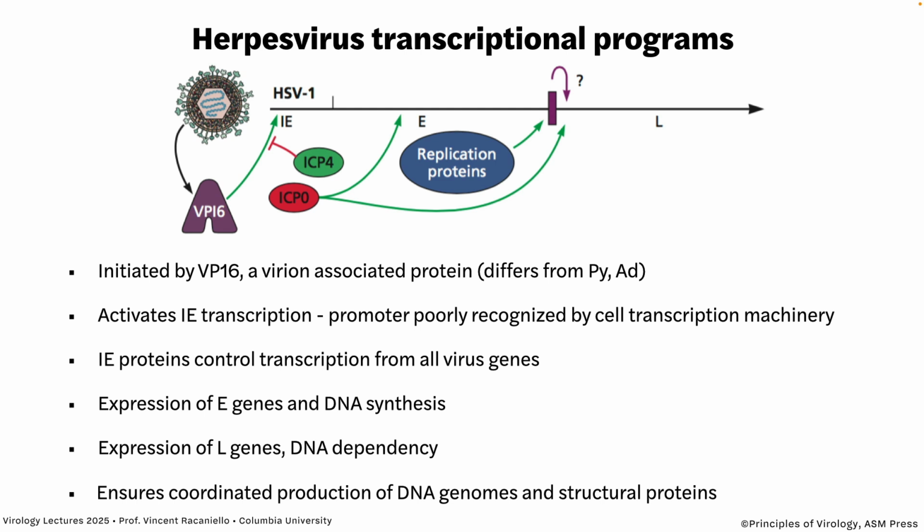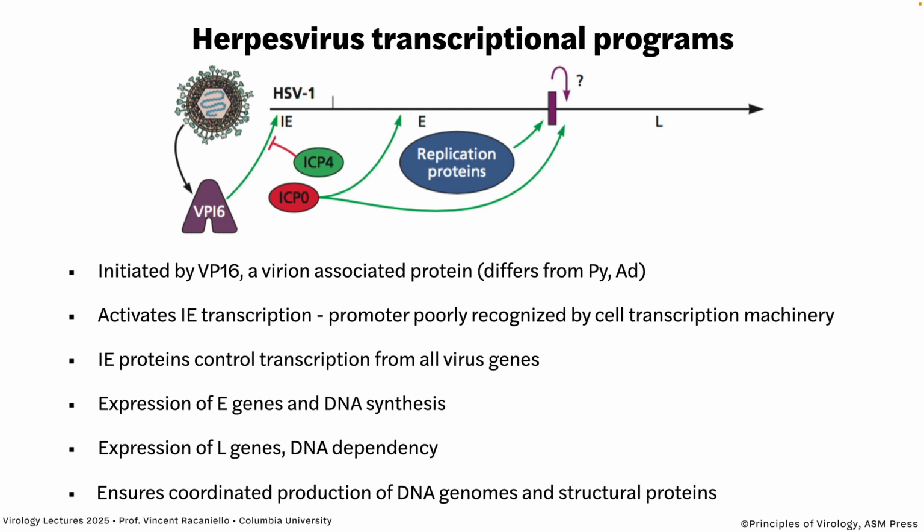So what to do? Well, the solution is within the virus particle, there's a protein called VP16. It's a protein physically carried in the particle into the cell, and that allows the immediate early promoter to be recognized by the cellular apparatus. If not for VP16, that promoter would not work. So it's the solution to the problem.